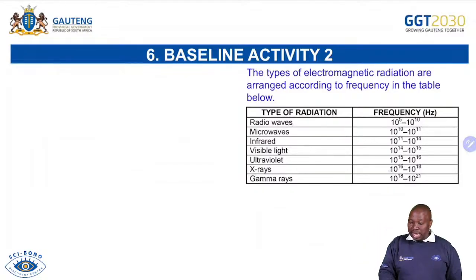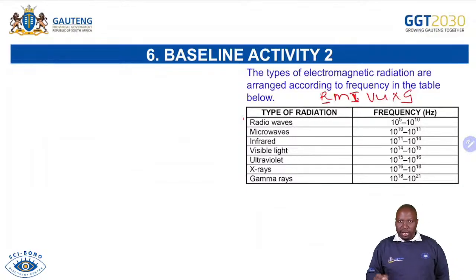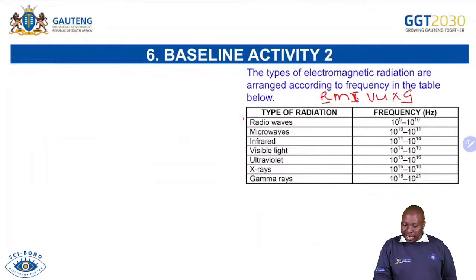So you can see that as we move from radio waves, remember I said Rami Fuchs, don't forget that one. I'm always saying it because I want you to remember that radio waves have the lowest frequency. Gamma rays have the highest frequency. So don't confuse the R for rate.